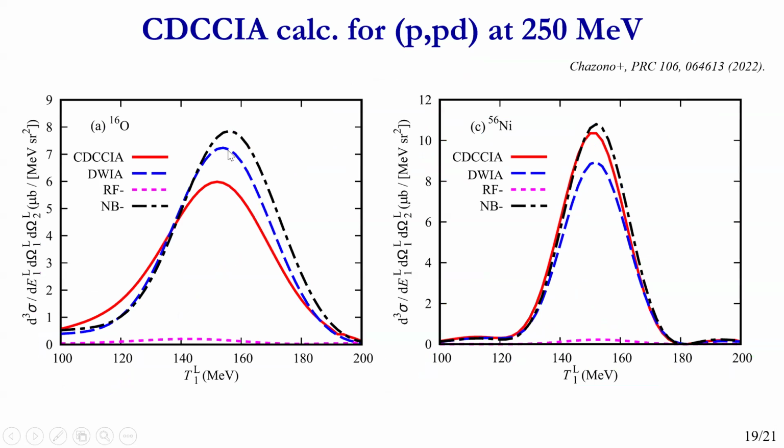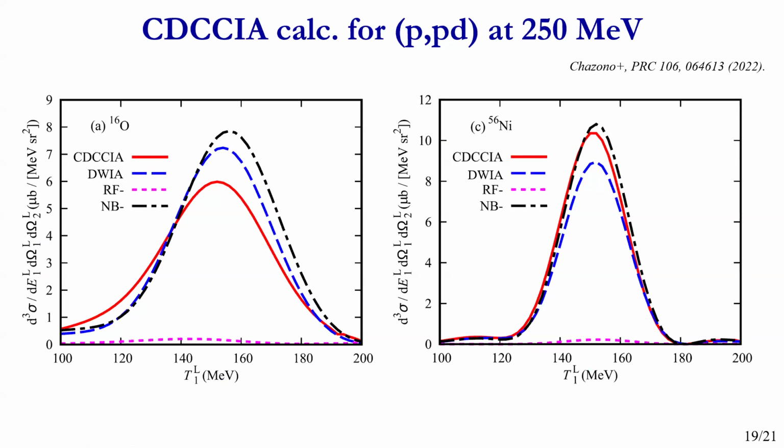So this difference comes from the interference between these two reaction paths. And interestingly, the interference can be destructive or constructive. So we don't know the reason currently. So we are now studying the mechanism of the behavior of interference.